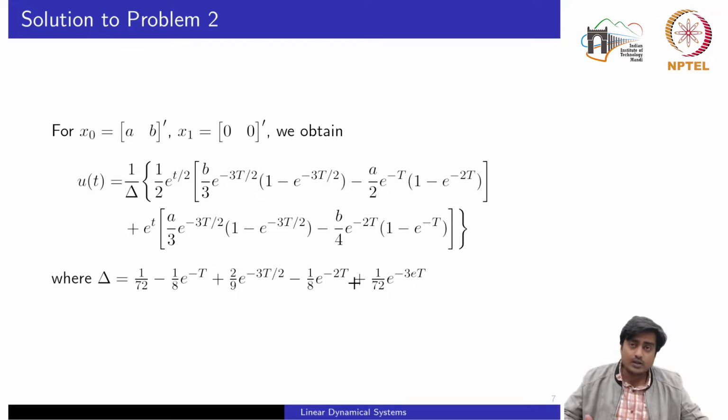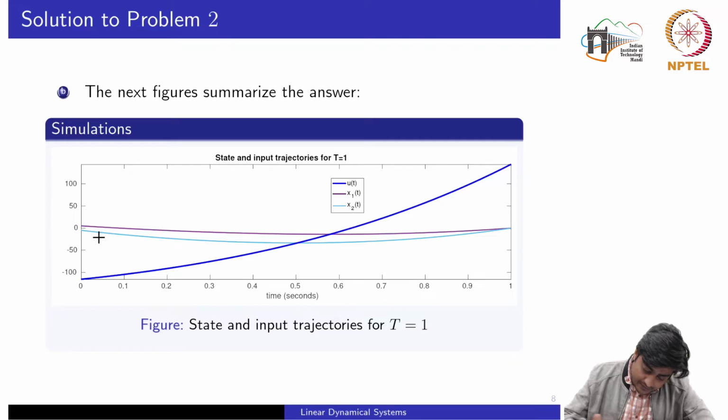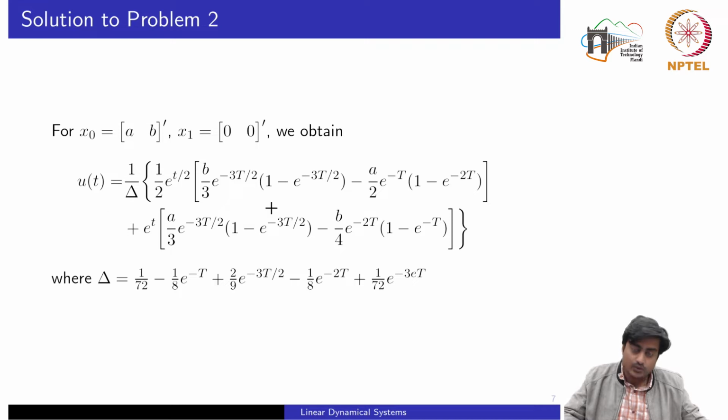Once we go to part B, which involves further putting in the values of T and the initial conditions a and b, we have directly plotted the figures, because once you have the complete formula for u, you can also compute an analytical expression.